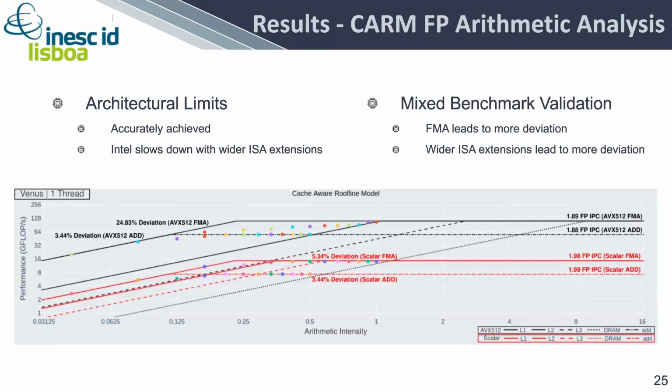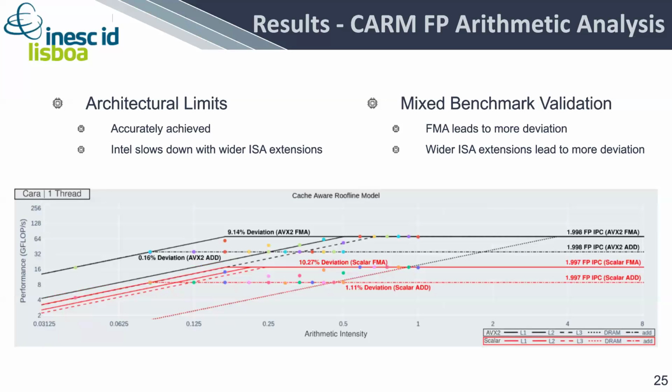So starting with the Venus machine, which nearly obtained the 2 instructions per cycle expected for both AVX512 and Scalar, but then the mixed benchmarks also stayed relatively near the CARM roofs, except for the FMA AVX512 ones with 25% deviation.